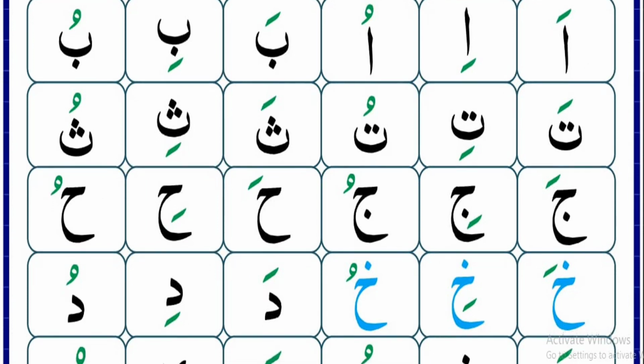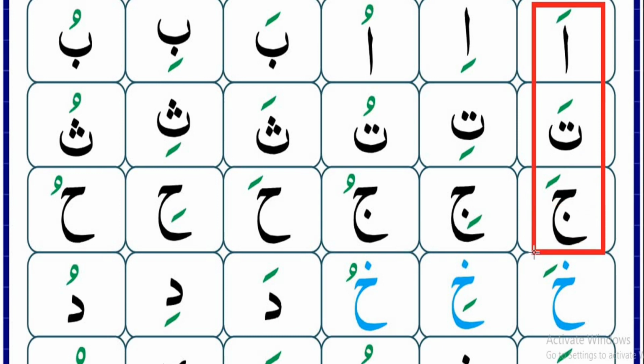So if you read different letters with the same sign, you just have to change the first sound, because the first sound is the sound of the letter, so that will change, but the last sound will not change. For example, this one is a, because of Hamza, but the other one is ta, because the letter is different, so the first sound will change, but the last sound will remain the same, ta.